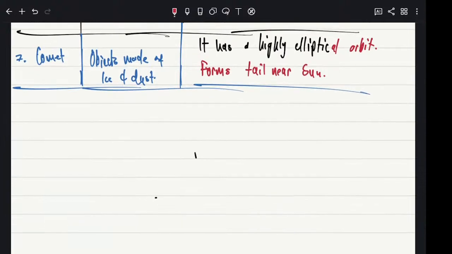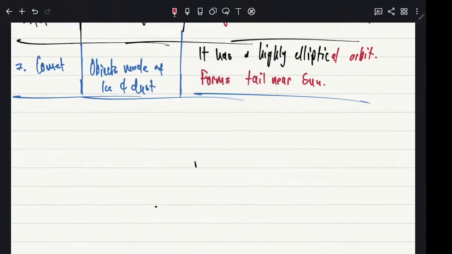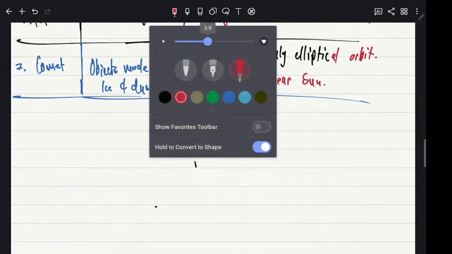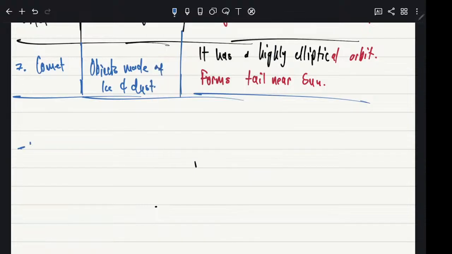Now, let me write the key statements that I said here. Dwarf planets, remember that, NB.